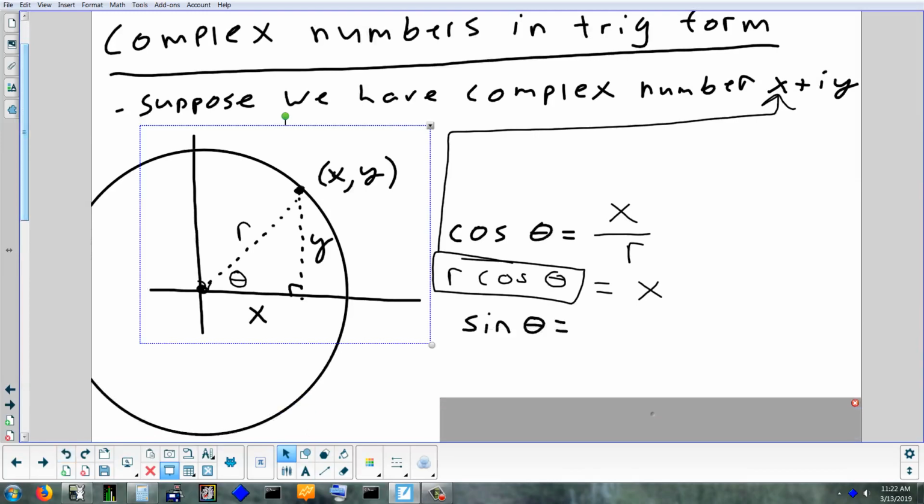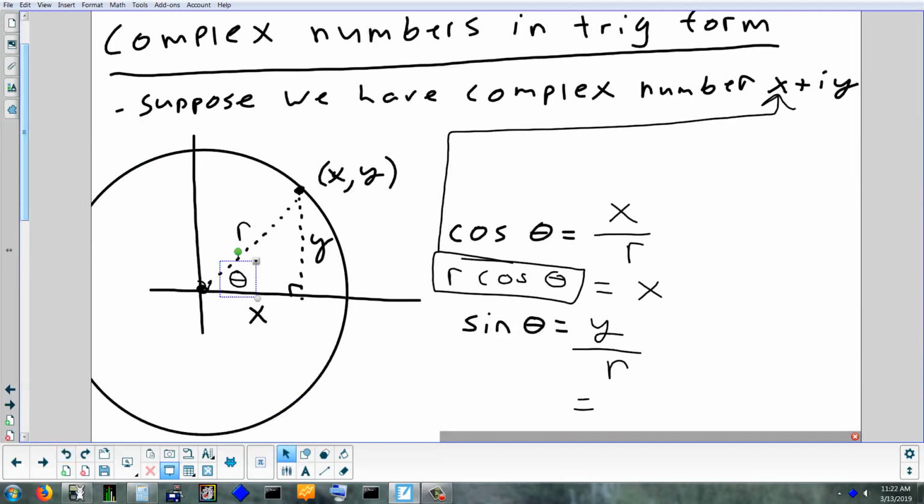Okay. Let's look at the sine of theta. What's the definition? What's sine? Opposite over hypotenuse. Here's theta. What side is opposite theta? y. Over hypotenuse is r. Okay. Same thing.